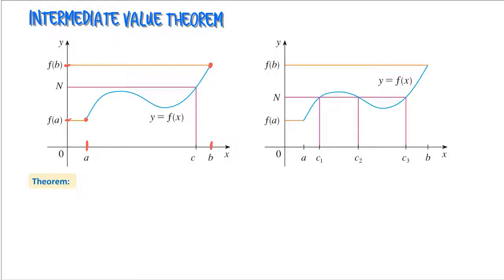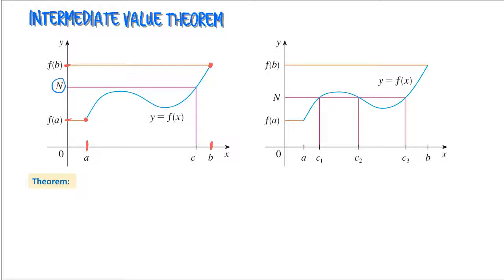This is what the theorem says. If we choose a value, a real number n, and n is between f of a and f of b. So we are choosing a y value between f of a and f of b.